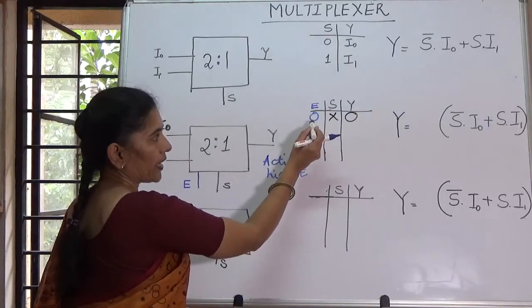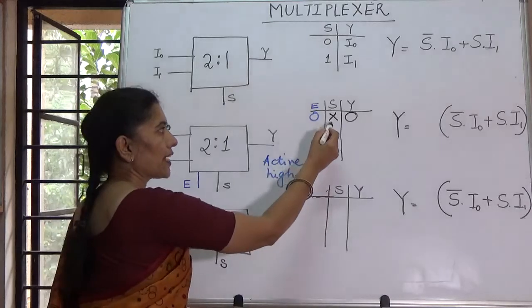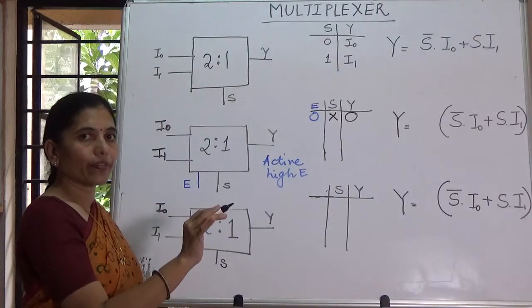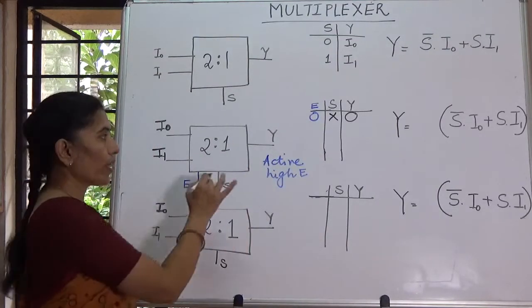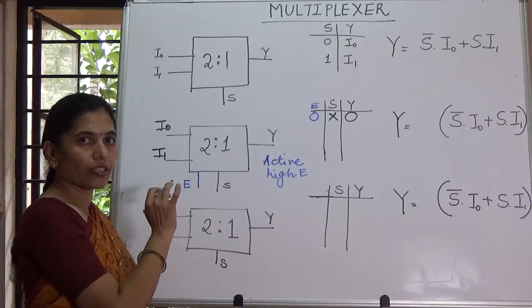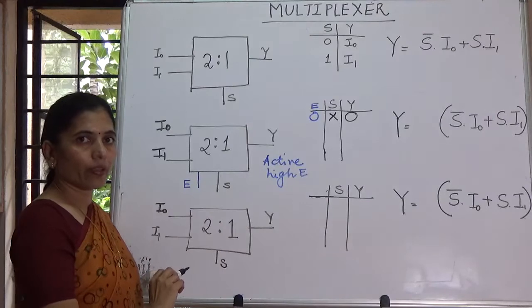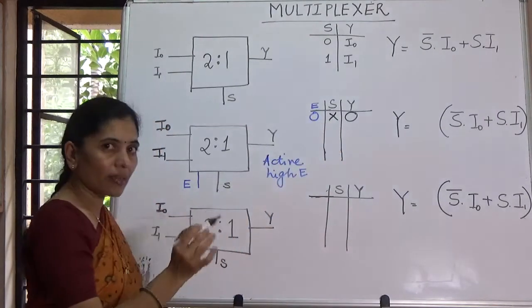If the enable input is 0, whatever may be the state of the select line, it could be 0, it could be 1, but it doesn't make a difference. The reason is enable has been made 0, so we are not enabling the multiplexer function. Hence, the output Y is a 0. When we say that S could be 0 or 1, it doesn't matter.